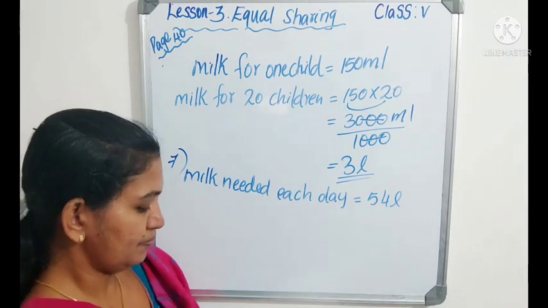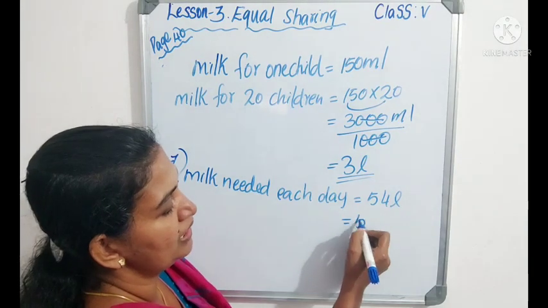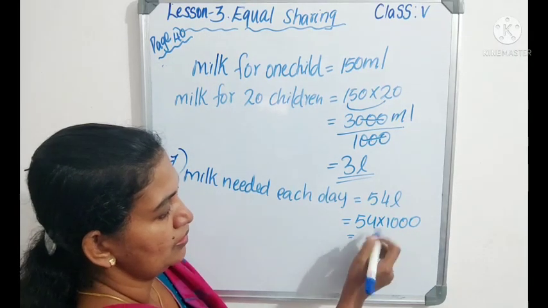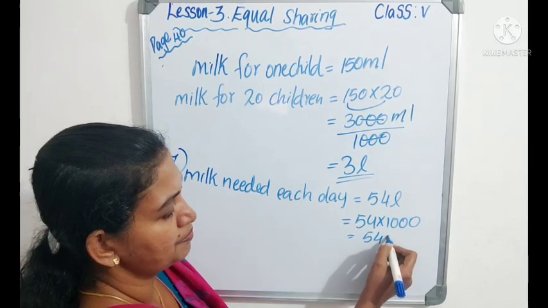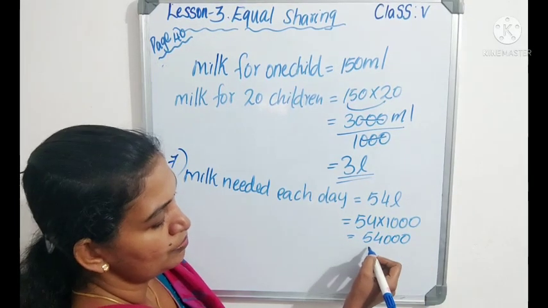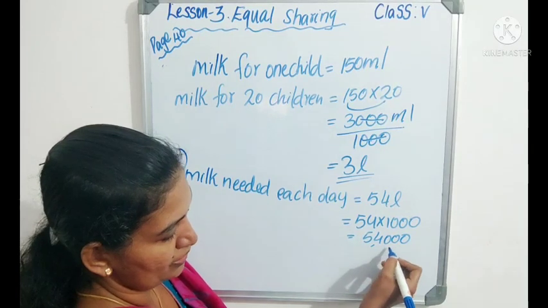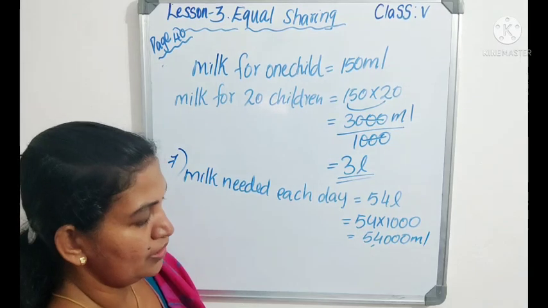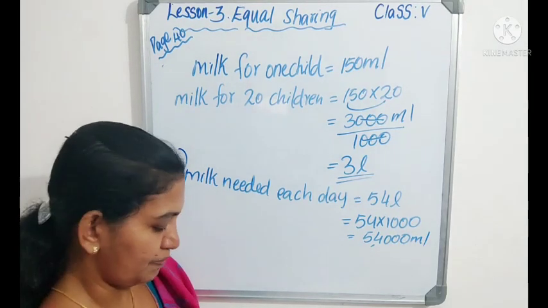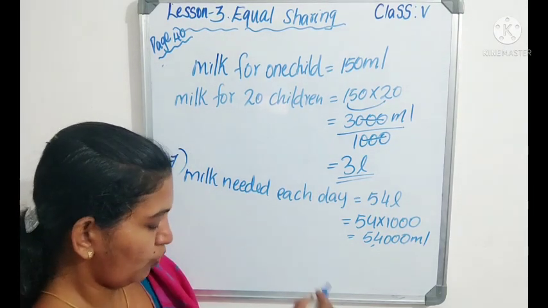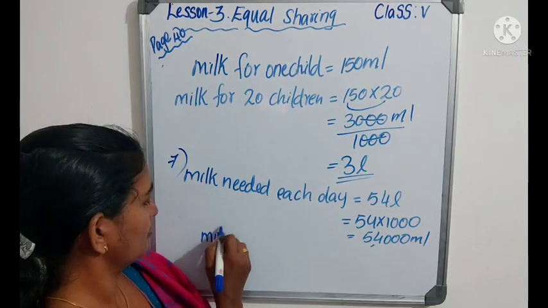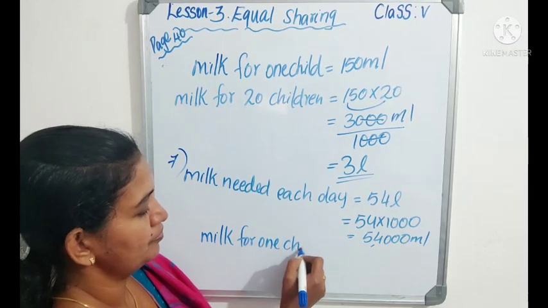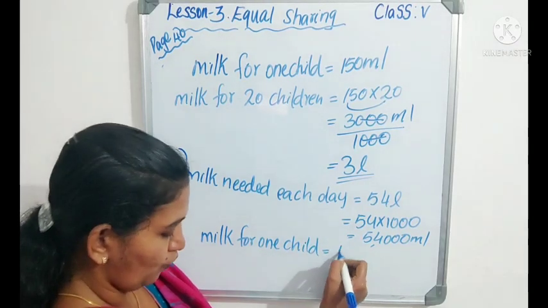Okay. Next, this we have to convert into milliliters. That is 54 into 1000. 54 into 1000, that is 5,40,000. Sorry, 54,000. Now we got 54,000 milliliters. Okay. Next, milk for one child is equal to 150 ml.